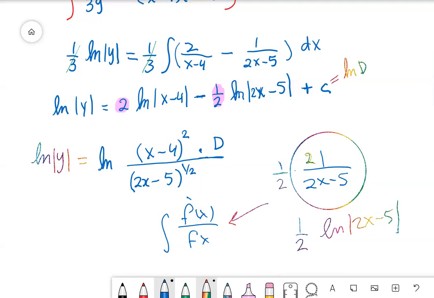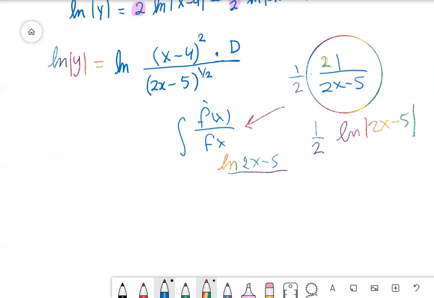Or you can just write it as ln 2x minus 5 divided by the derivative of the 2x, which is 2. That's exactly the same as this. These are 2 ways. I did it a bit wrong at the top, I will go back and correct that. Let's just finish this question.